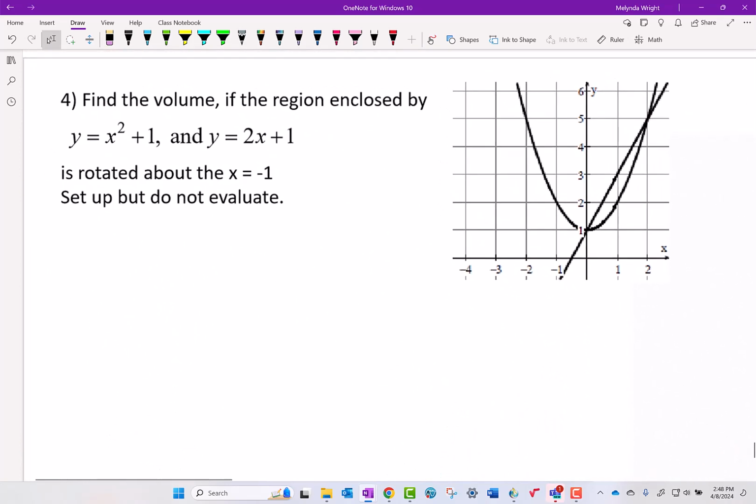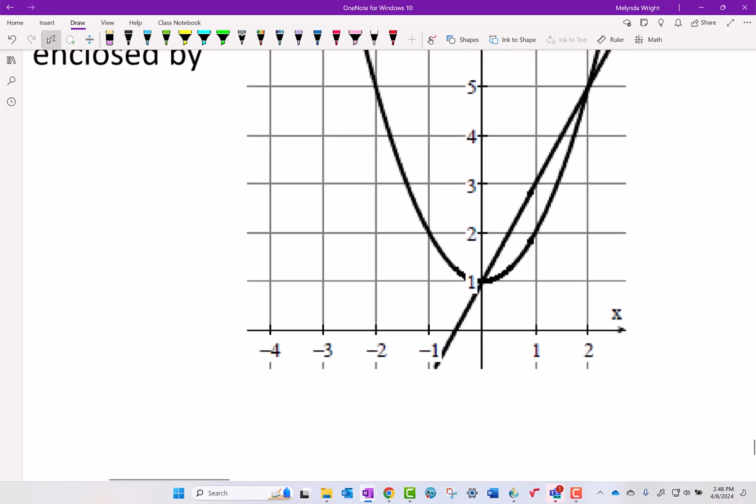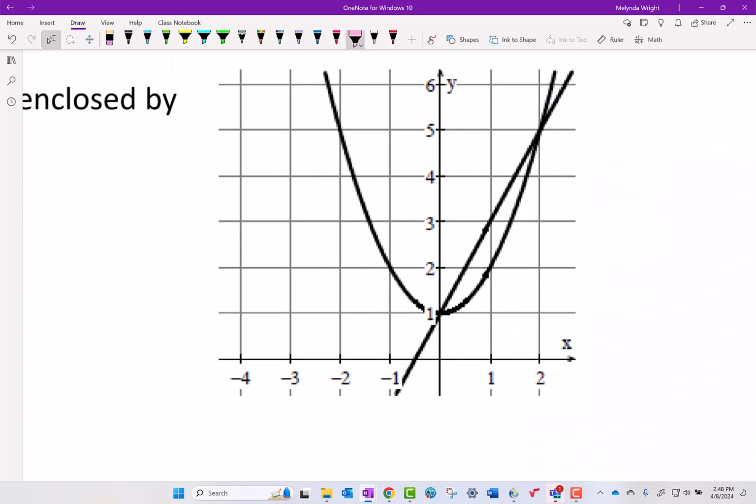So we want to find the volume of the region enclosed by, so we've got a parabola, x squared plus 1, and we've got a line, 2x plus 1, rotated about x equals negative 1. Okay, so first of all, let's highlight, this is the part we're rotating.